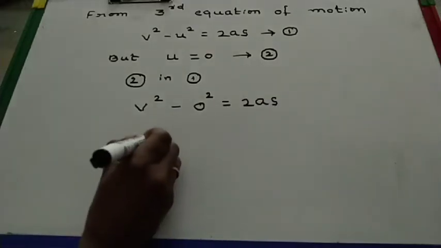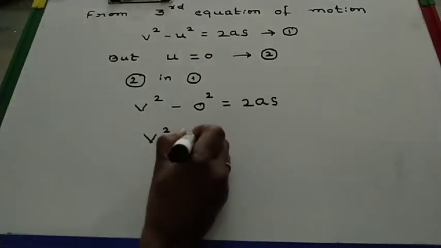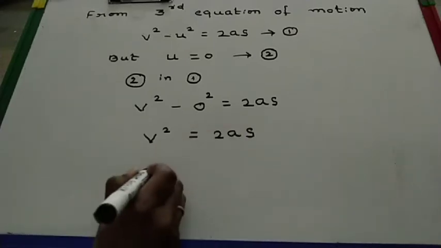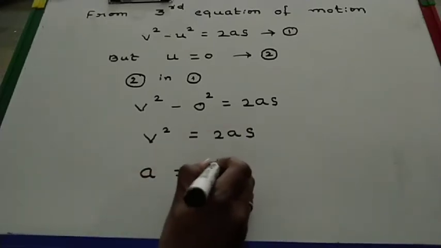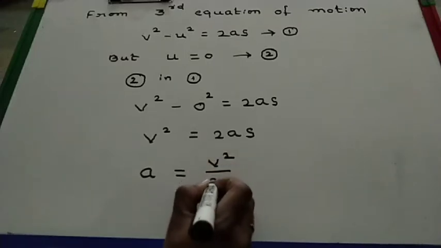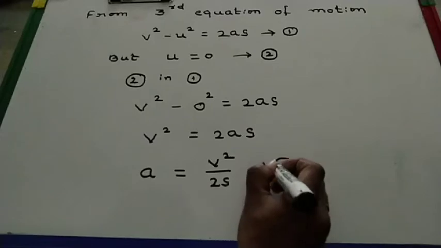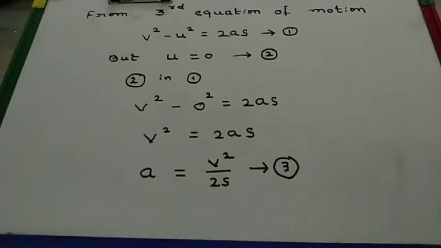Okay, v square is equal to 2as. Therefore, a is equal to v square by 2s. Equation number 3.